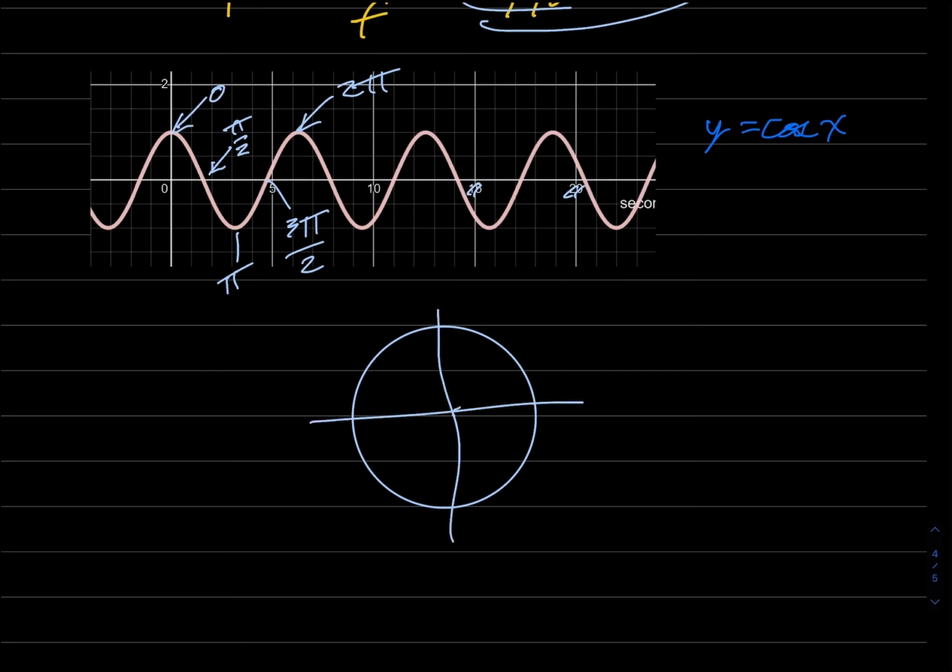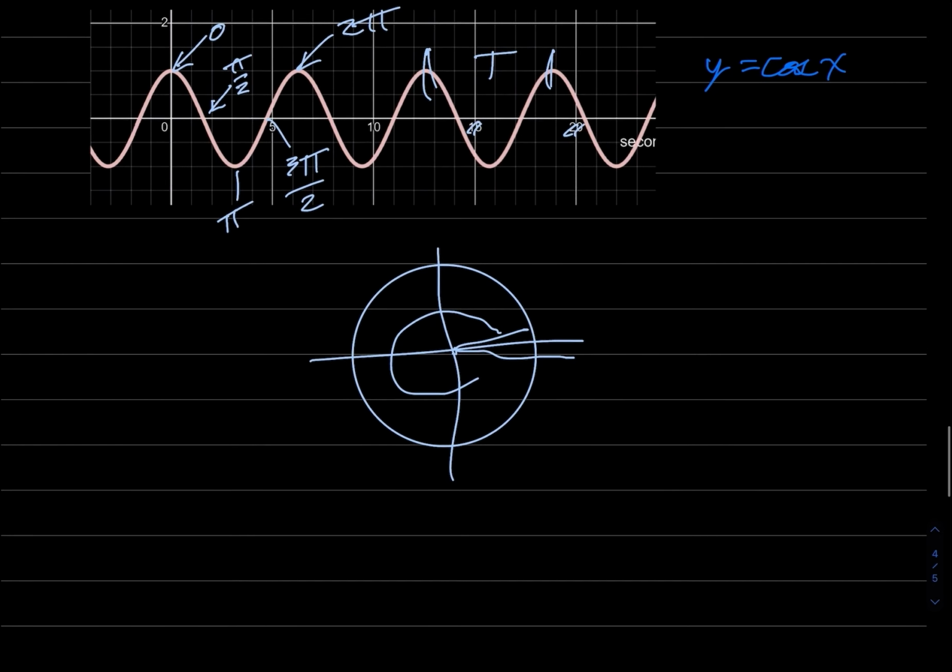We go from an angle of 0 around the circle to an angle of 2 pi, from peak to peak of the cosine curve in the time period t. So one cycle of the cosine curve is all the way around the circle if we're looking at the angles.